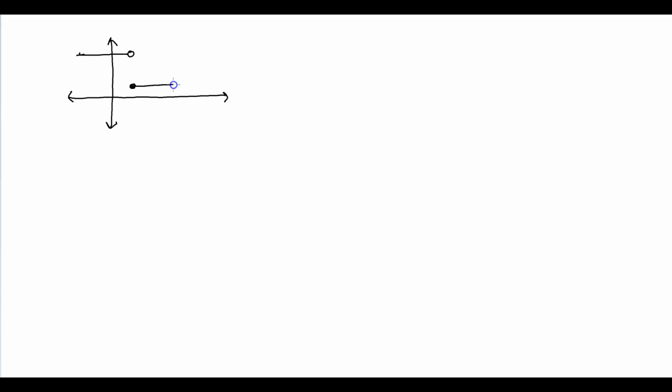Let's say this is the graph of f of x. So here is where the limit does not exist. So if we were to make a chart, let's say this is 1.